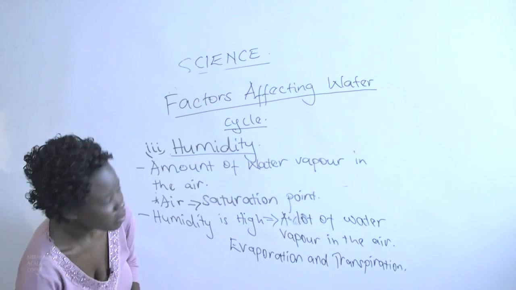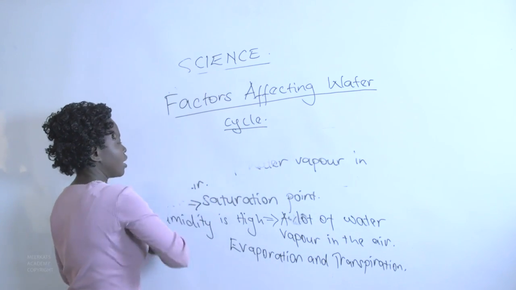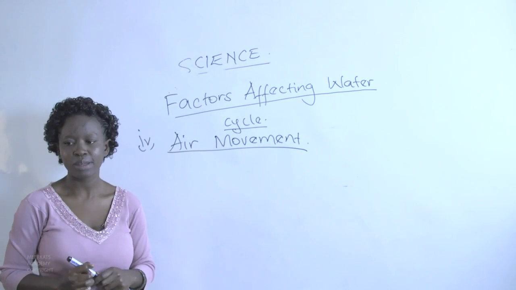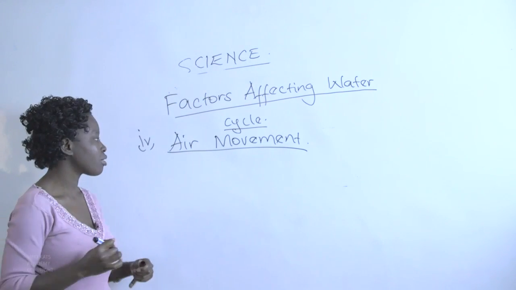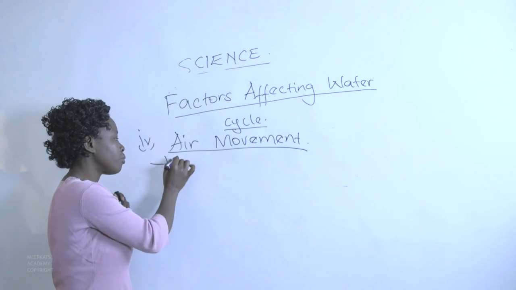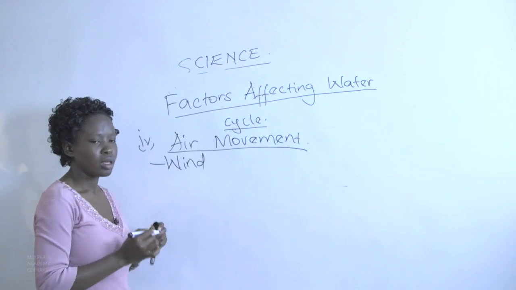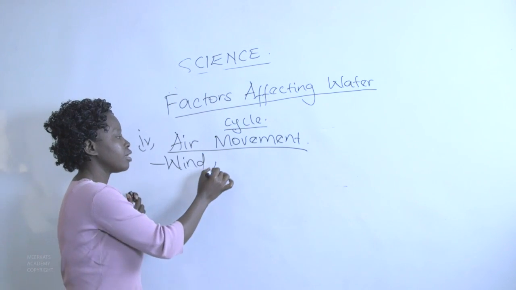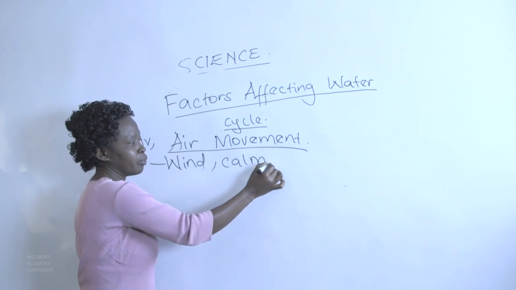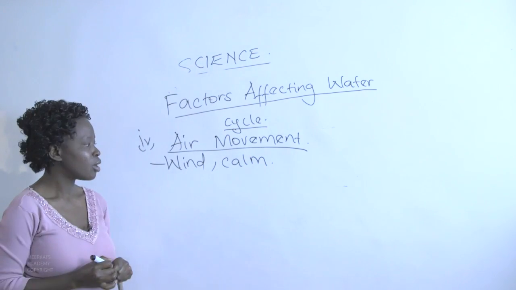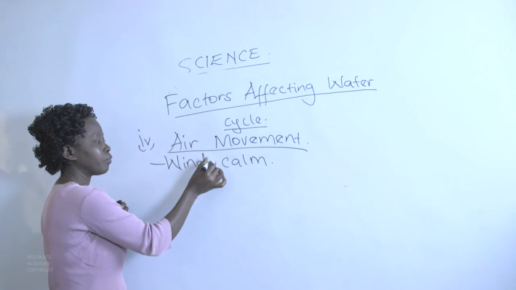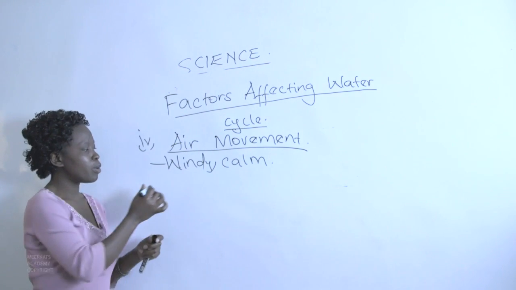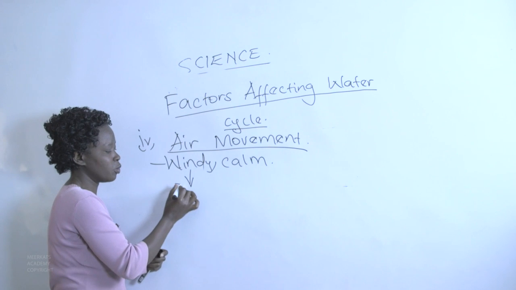Another factor affecting the water cycle is air movement. When we talk about movement of air, we are simply talking about the wind. Is the condition windy or is it calm?